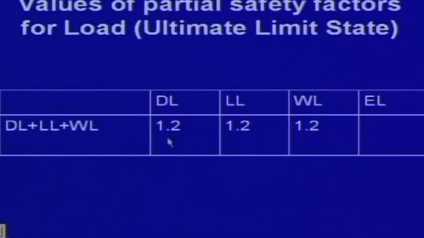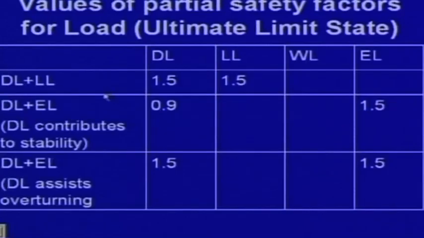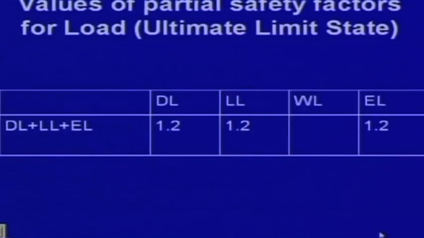When we consider that, we reduce the value, and all of them come to 1.2. Similarly for the earthquake load, it is almost the same thing. That means we consider wind load and earthquake load separately, but the combination comes in this manner. And similarly dead load, live load and earthquake load we consider.